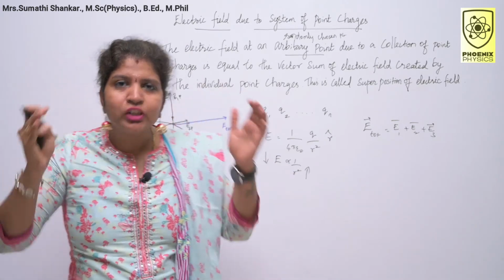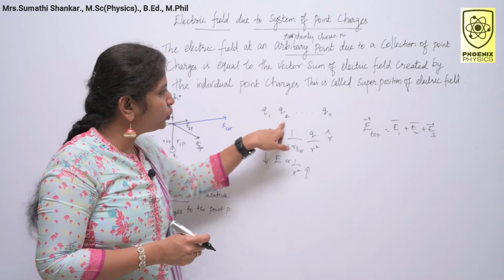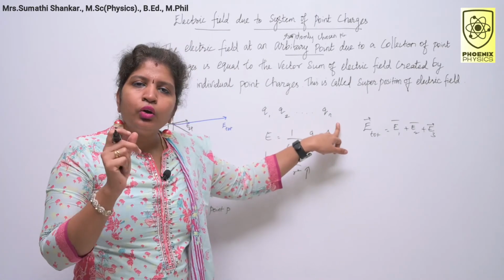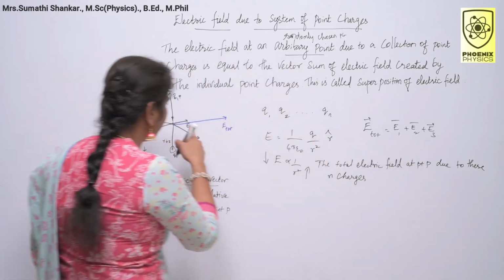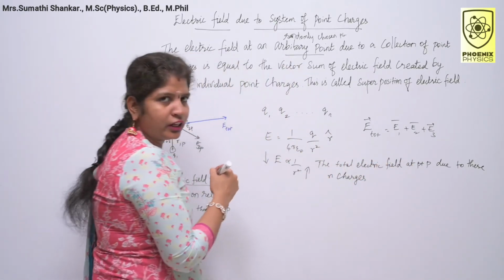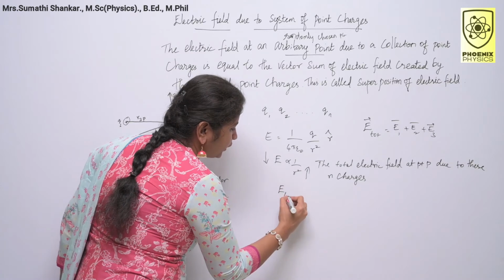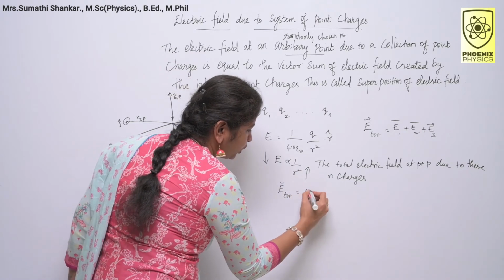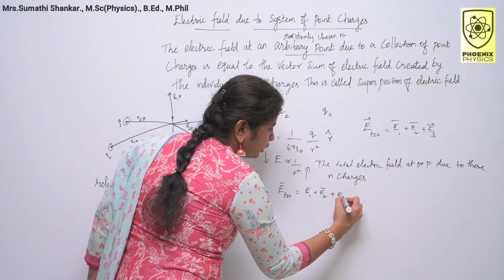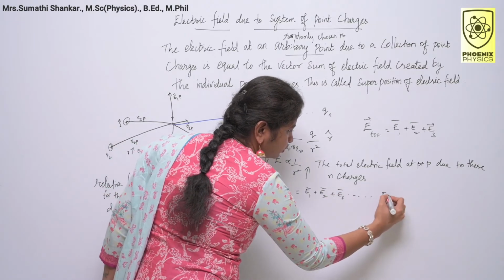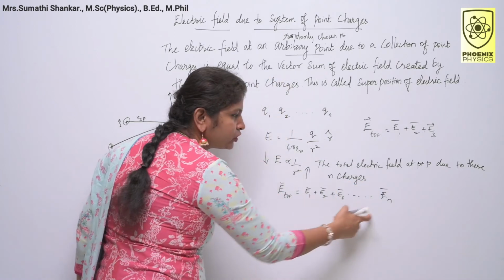Here I have only 3 charges. Suppose I have a collection of charges, say Q1, Q2, Q3 up to Qn. How do you calculate the total electric field? The total electric field at point P due to n charges. So E total can be written as E1 plus E2 plus E3 up to En. So how do you write this equation?